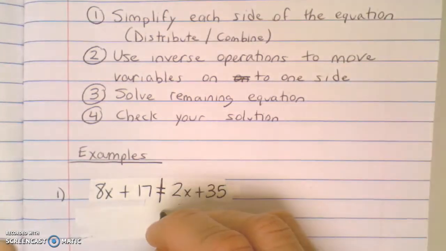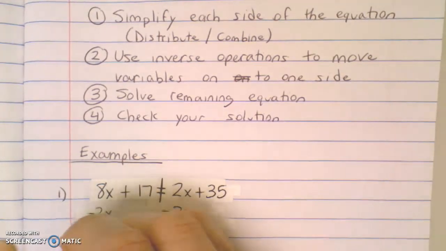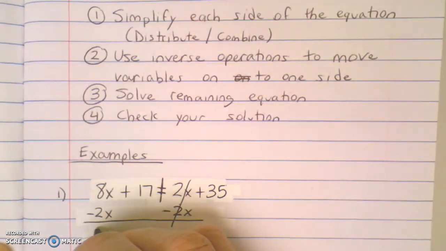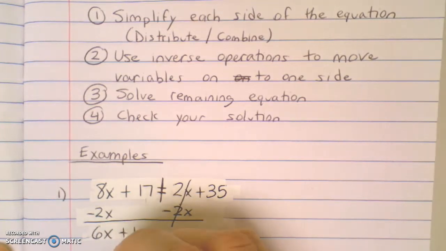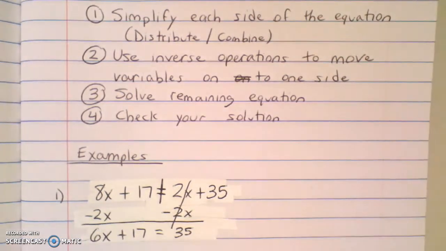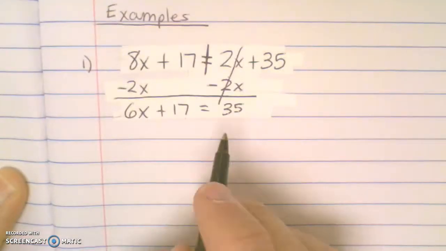I'm going to subtract 2x from both sides, because here you can see now we undid the 2x just like we've been doing. And so now I get 6x plus 17 equals 35. Now I'm just going to solve like you normally solve.